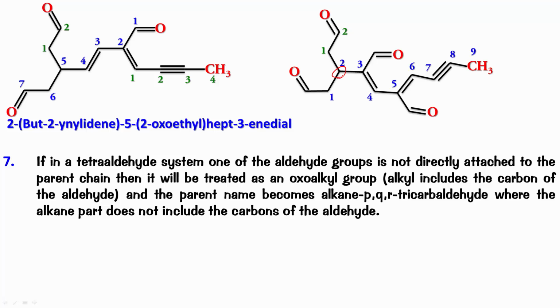So it is 2-oxoethyl. But what is the parent now? The parent has the two double bonds. It's nona-3,5-diene-7-ine.